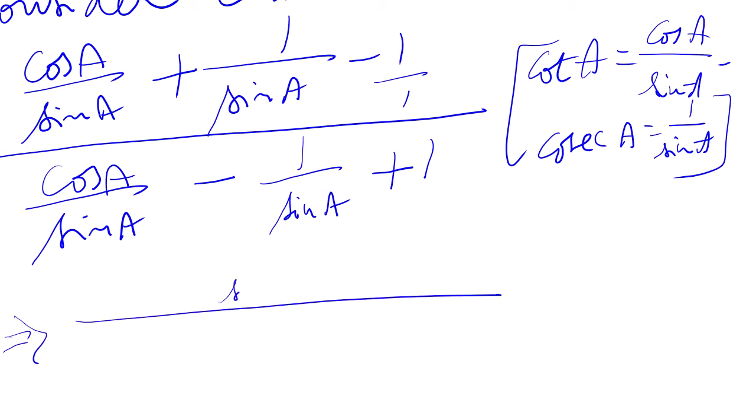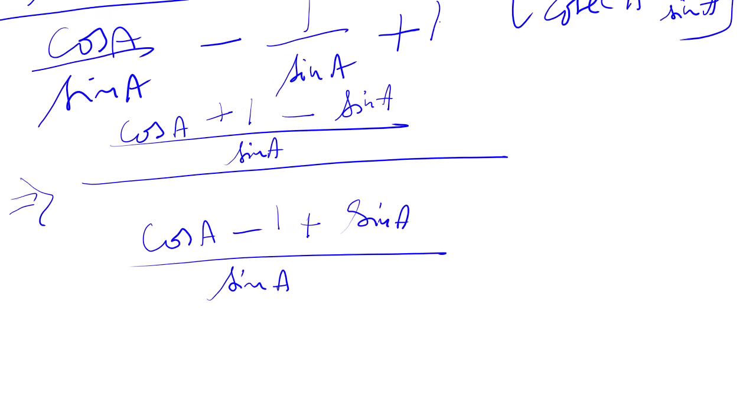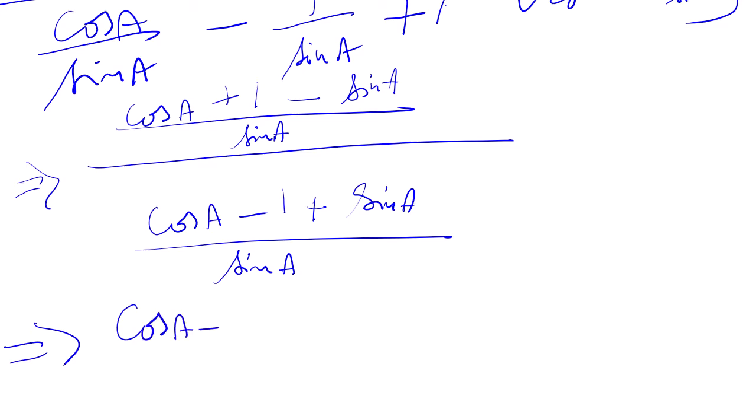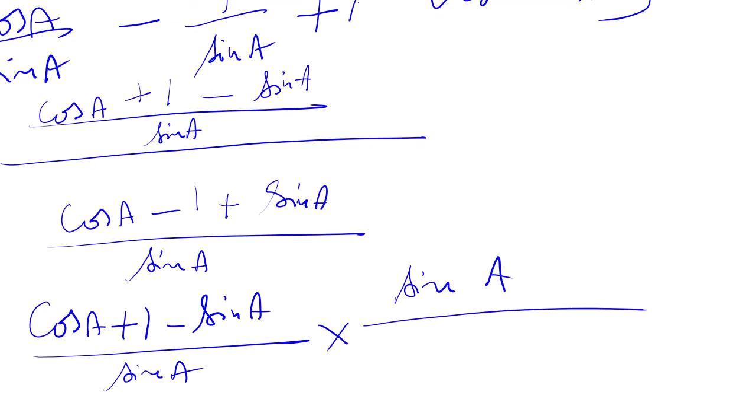So sin A is the LCM, so it will become cos A plus 1 minus sin A upon sin A, and here also the LCM is sin A, so here it will be cos A minus 1 plus sin A. So when you multiply by the reciprocal, cos A plus 1 minus sin A upon sin A into sin A upon cos A minus 1 plus sin A.